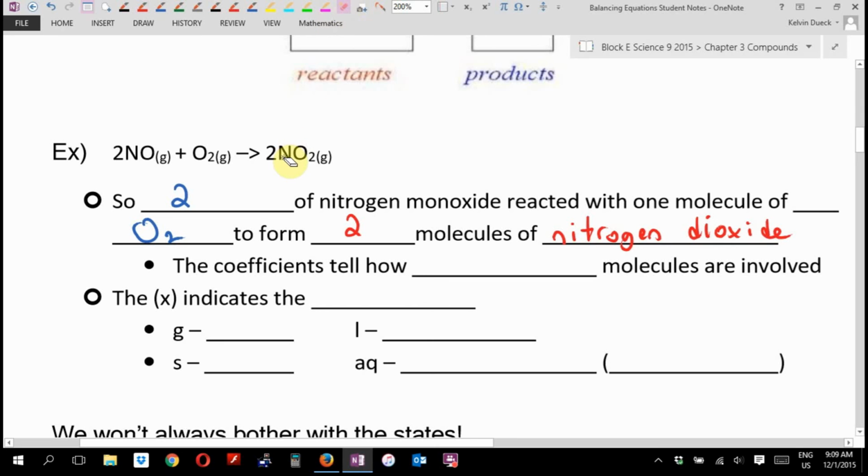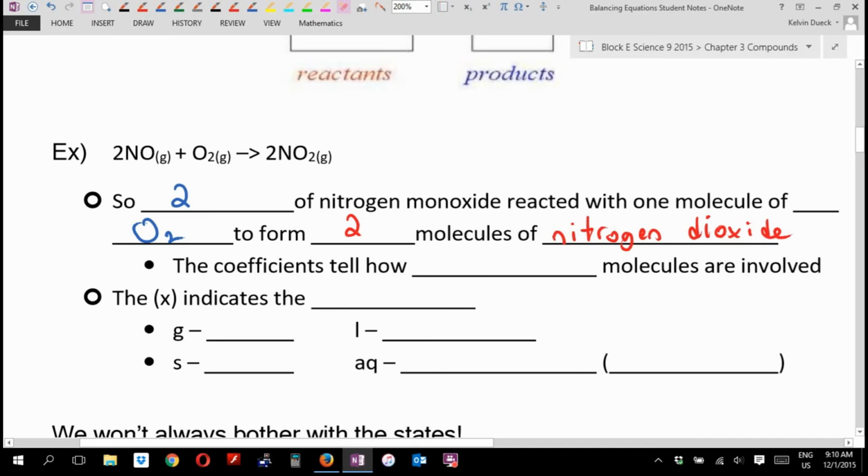By the way, nitrogen, metal or non-metal? Nitrogen, non-metal. Oxygen, metal or non-metal? This molecule, ionic or covalent? This is covalent. The naming for covalent is different. For covalent, we use prefixes like mono and di.